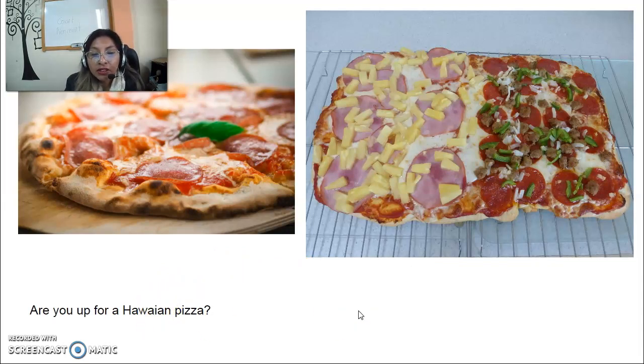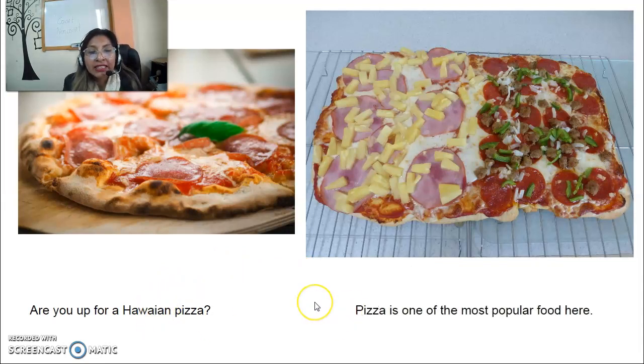But if I am talking about the noun in general, pizza in general, I can say pizza is one of the most popular foods here. So I am talking about pizza, but in general. When I am talking about general food, it's going to be non-count. But if I am talking about something specific, it's going to be count.